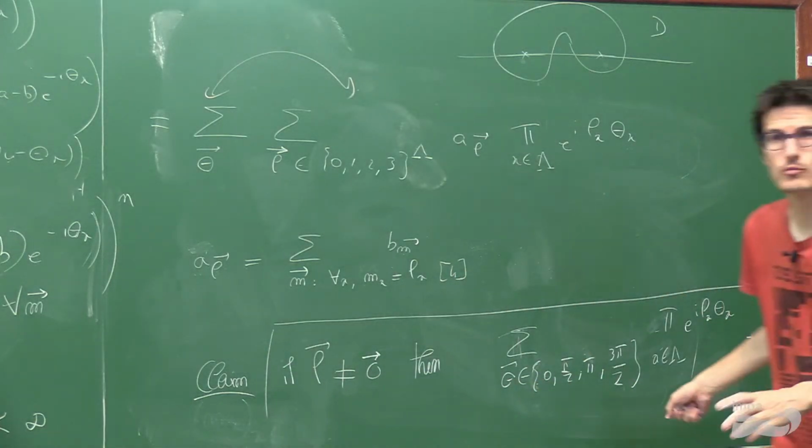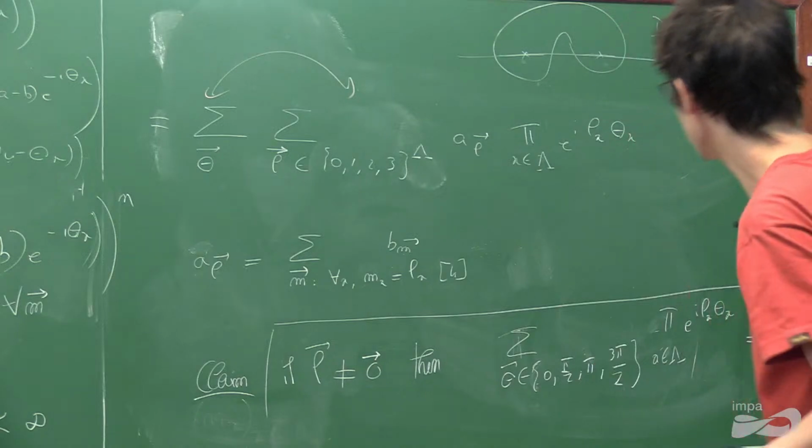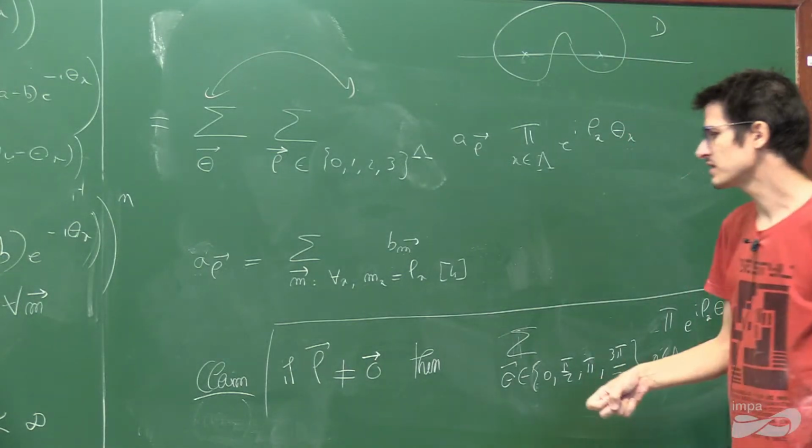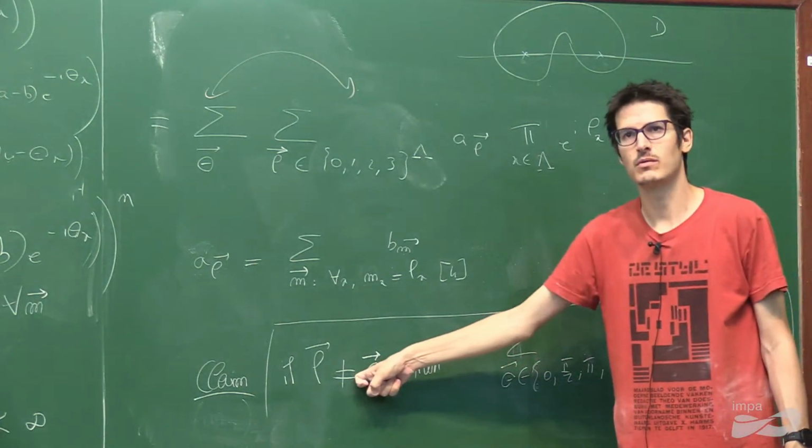Okay, and how do you prove this? Well, you take the coordinate for which this is not equal to 0.